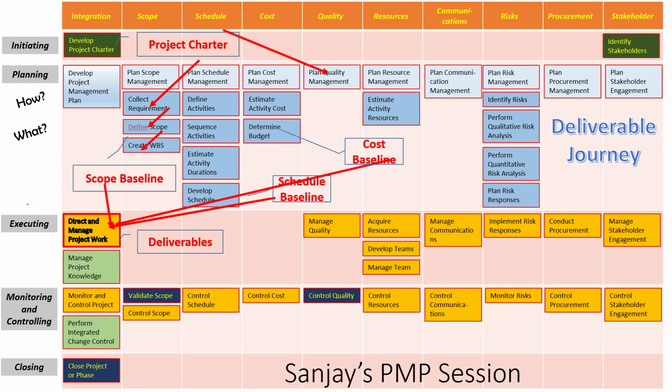Now deliverables, what is done? They are given to Control Quality. Why? Why are deliverables given to Control Quality? For validation. Correct. What do you mean by validation? Who does that validation?